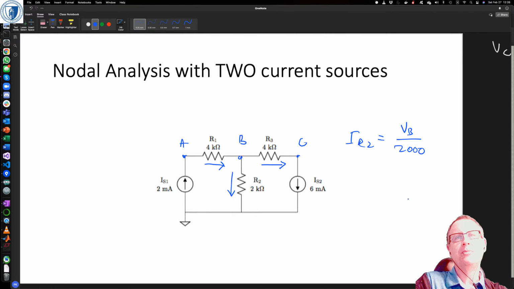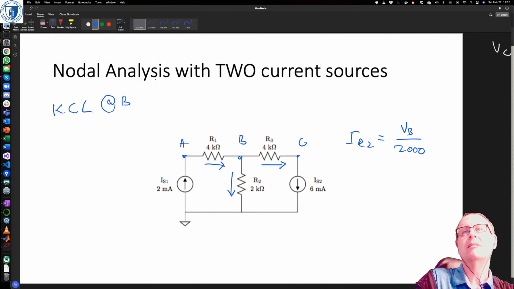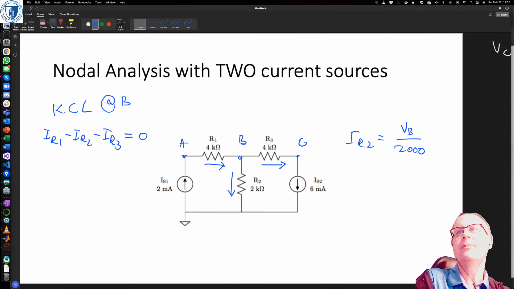The only non-trivial KCL equation we have is the KCL at B, and that says that IR1 minus IR2 minus IR3, because IR2 and IR3 are flowing out of node B, is equal to 0.